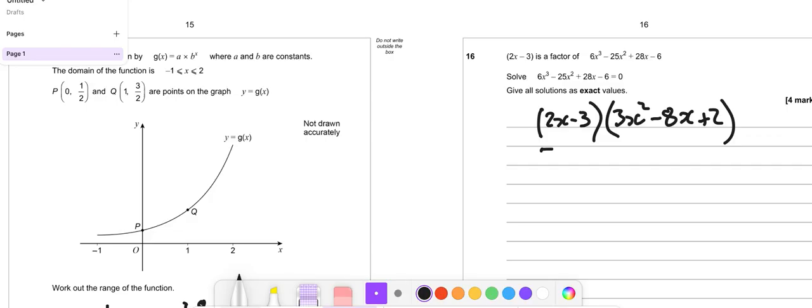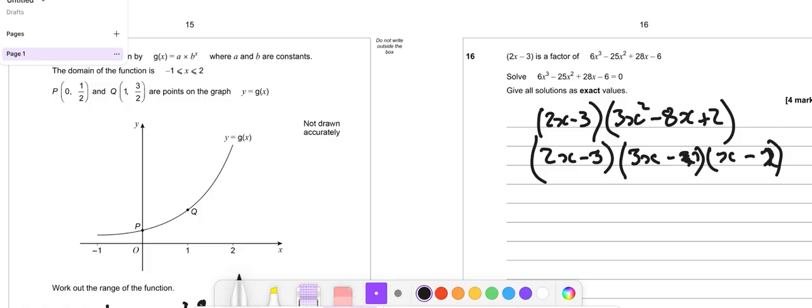And then I've got to fully factorize this. Now that it says as exact values is slightly worrying me, but this maybe doesn't factorize nicely, but let's just see. 3x, going to be minus 2 and minus 1 if it does, 2x, so let's make it the other way around, 2 and 1.